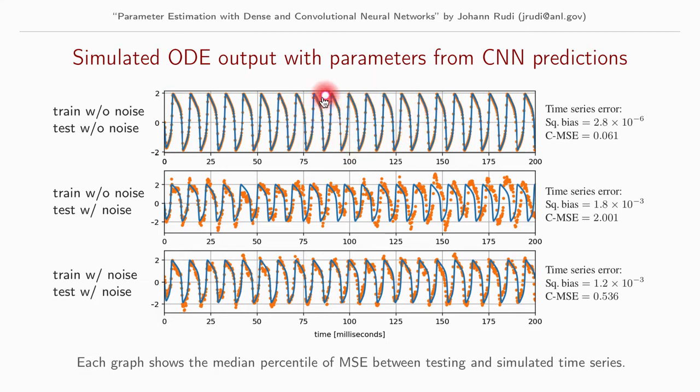So it is something that you most likely can expect as an output from your CNN predictions when you run your ODE with those predicted parameters. As you can see, noise-free training when testing has noise has quite some discrepancies, and it basically supports our results from the slide before.